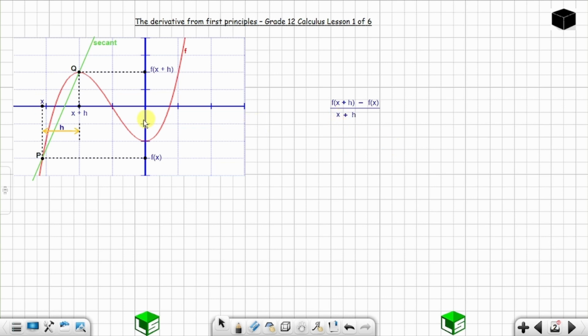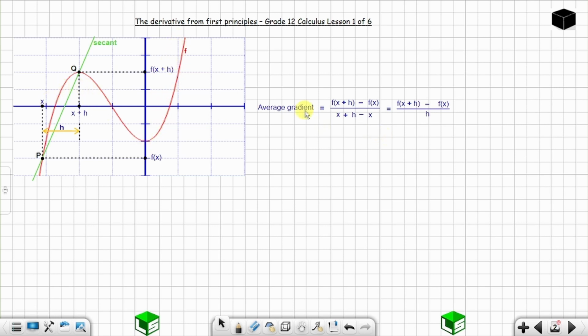The change in y over the change in x. You can see x minus x is 0, you remain with h only. So this is equal to the average gradient. We call it the average gradient because the gradient keeps on changing on the graph of f.